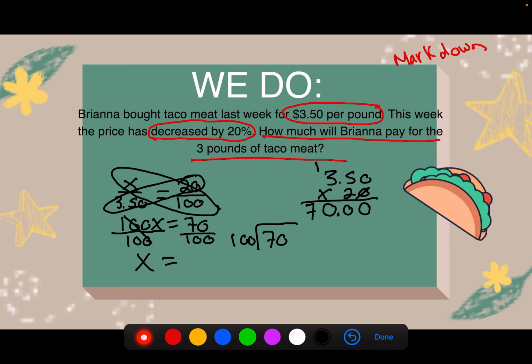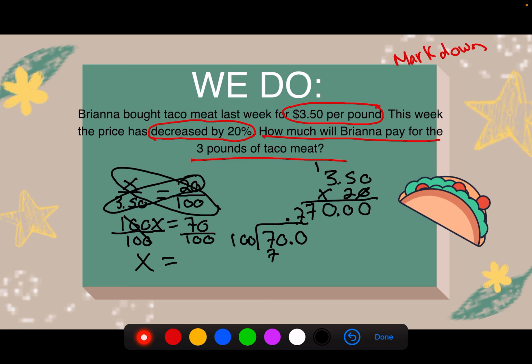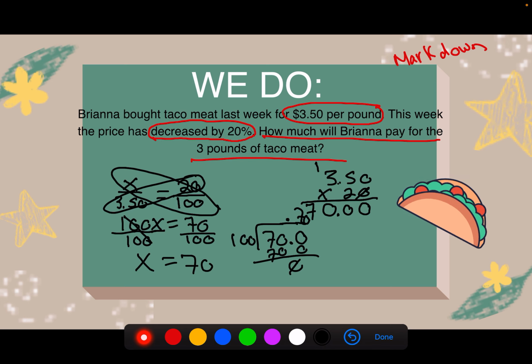100 goes into 70 0 times. So we're going to erase that 0, but we're going to add a decimal. Bring our decimal up, and we have to add a 0. So 100 goes into 700 how many times? 7 times. That is 0. And then you can add your 0 here. So this is 0.70.